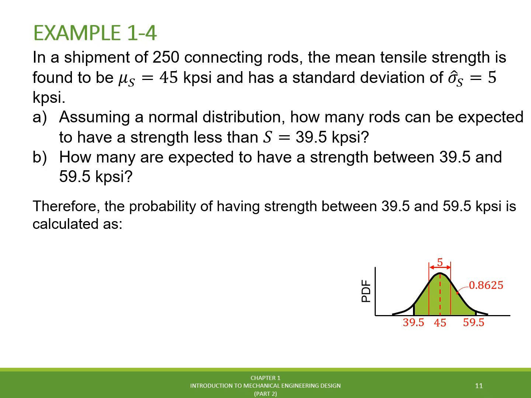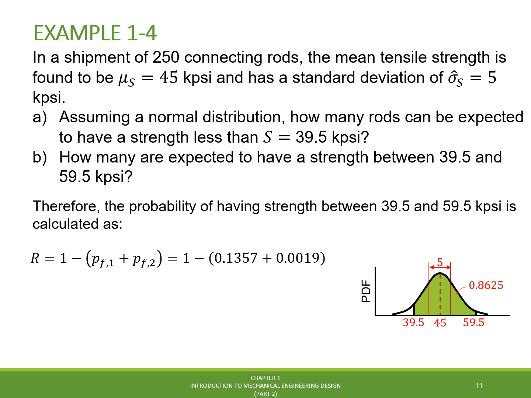Next, we're going to sum those two probabilities we just calculated: the probability 0.19% and the probability that we calculated in the previous item, which was 0.1357. Then we subtract that sum from 1 in order to calculate the probability that the tensile strength is going to fall within the uncertainty interval, right?